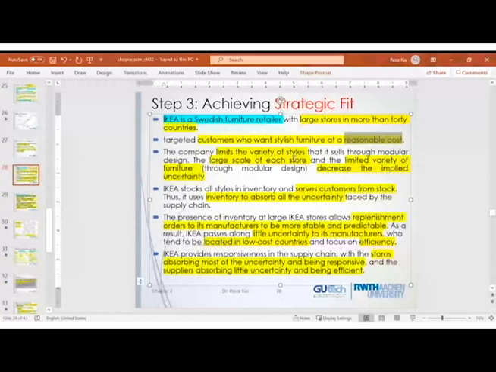Because, just make it simple for yourself, they have some big warehouses, and the level of inventory in the big warehouses is high. So whatever the amount of demand, they are sure that they have some furniture in their warehouse to deliver to the customer. By having a huge amount of inventory in the warehouses in 40 countries, they are absorbing the uncertainty in that stage. So at the manufacturers' stage, located in Sweden or maybe some other countries, the level of uncertainty will be low.